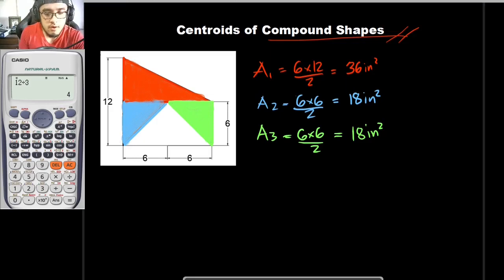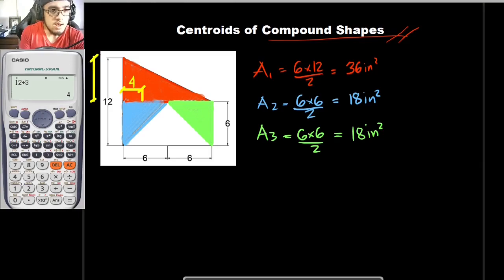Once again, for this shape right here, this red one, if this is x1, that is equal to 12 divided by 3. So 12 divided by 3 is equal to 4. And this dimension right here is half of 12, so that is 6.